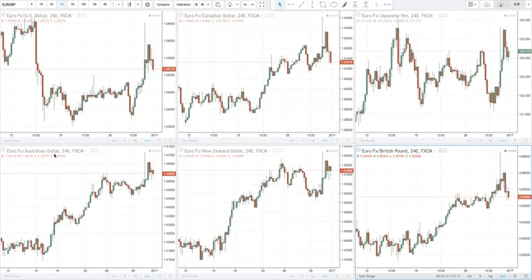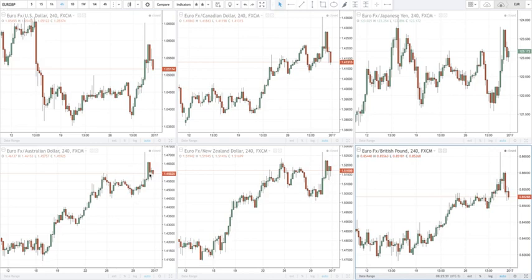Correlation works on pairs that show you similar symptoms. For example, if you notice on this last wave here, markets are going up, up, up. Here on EuroCAD, last wave, markets are going up. Euro Yen, last wave, markets are going up. Euro Pound, last wave, markets were going up. Euro New Zealand, same thing.